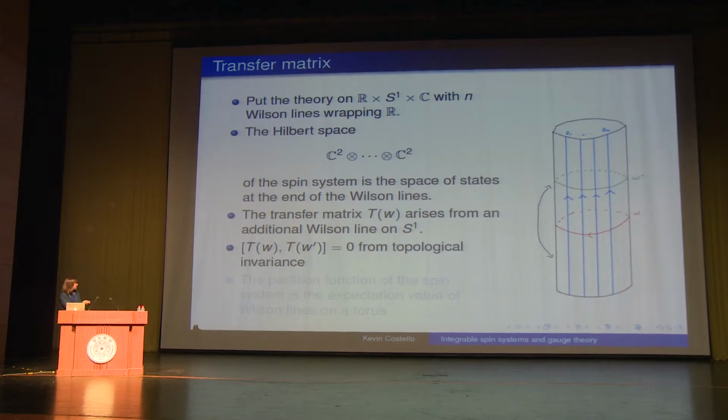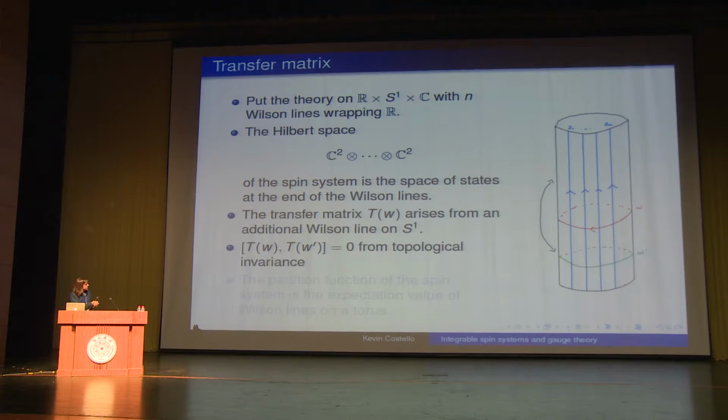Well, one can see why transfer matrices commute. That's very simple. If I have two such Wilson lines, one at W and one at W prime, I can slide one past the other just by topological invariance.